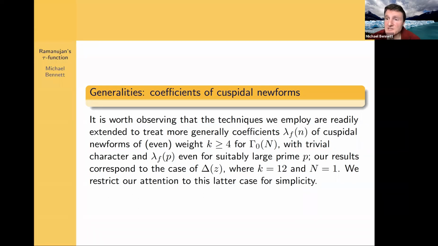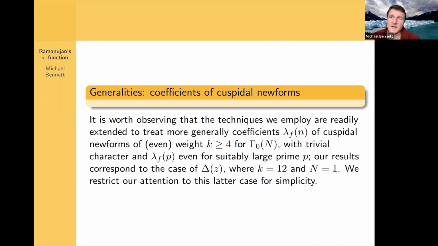And so this particular case we're looking at is this level 1 weight 12 case where the coefficients are the Ramanujan tau function. We're just going to restrict to that for the arguments. But at any stage, you can try to unravel it and say, if I'm seeing something that's coming from 12, I could replace that by k and see what the different result would be. But the machinery will essentially work.